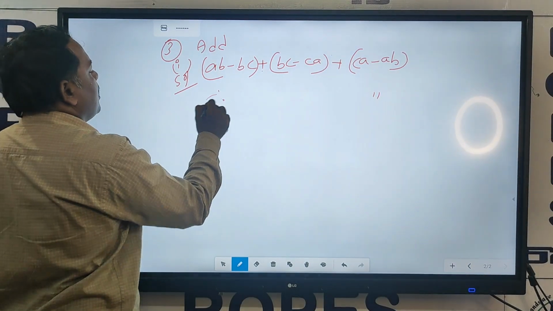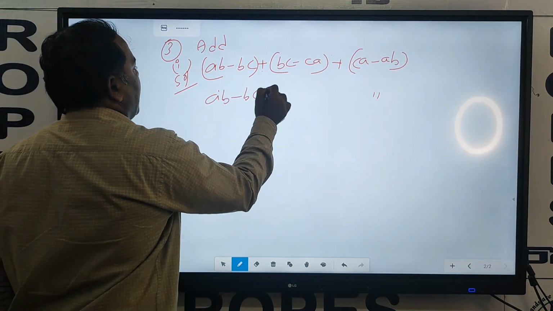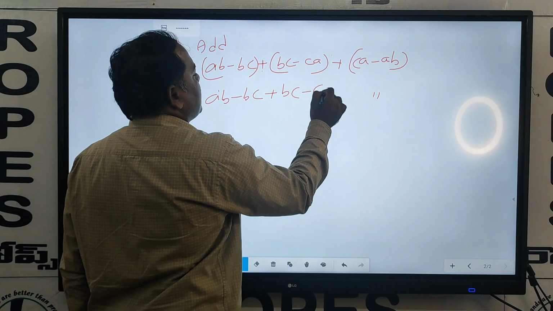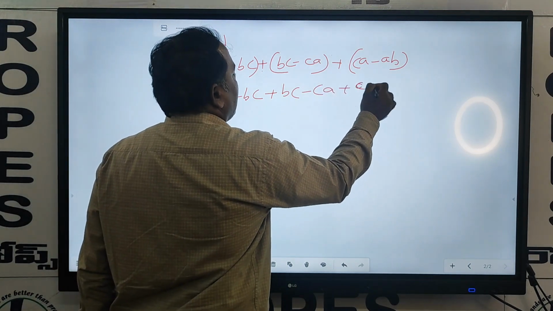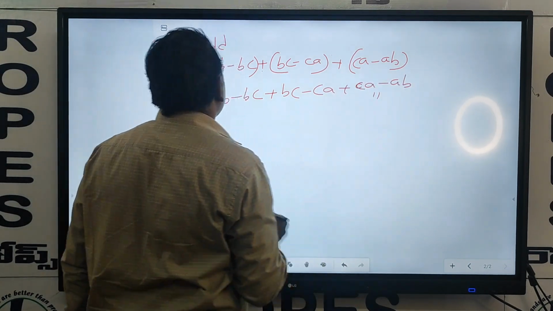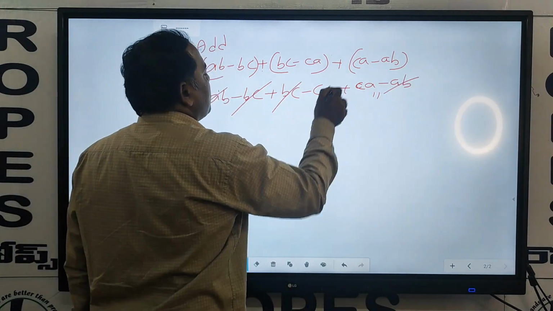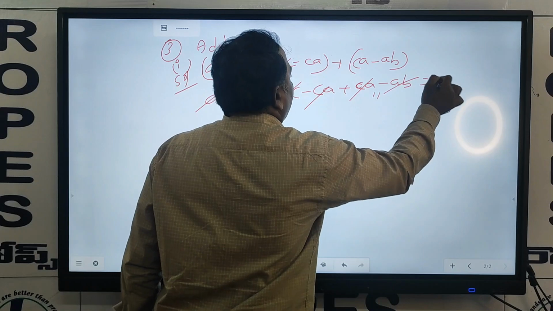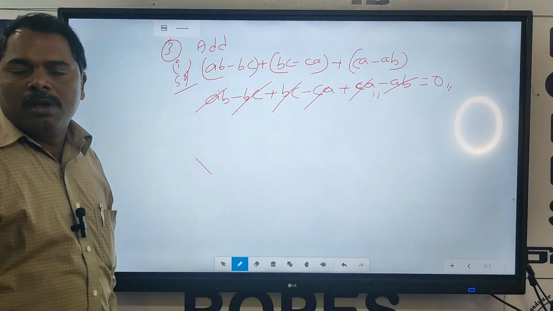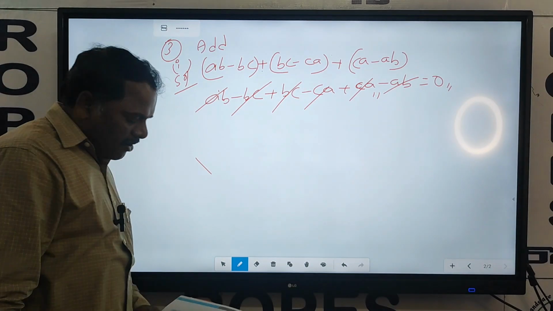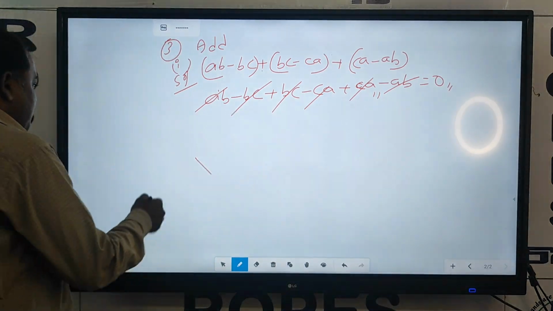Now we have to add AB minus BC plus BC minus CA plus CA minus AB. See now, plus AB minus AB, minus BC plus BC, minus CA plus CA. So all will get 0. Okay, so in this method we have to add all the algebraic expressions.